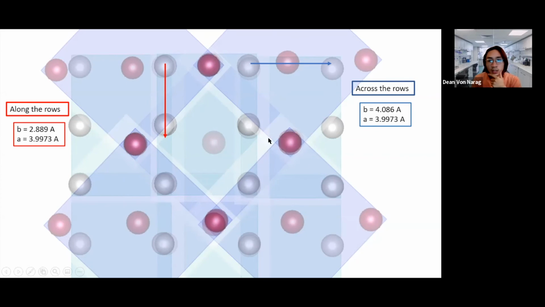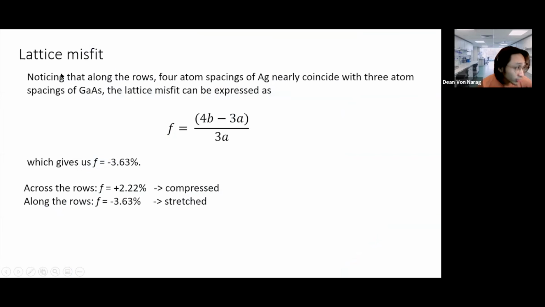So hopefully, through this figure, we have seen how lattice misfit occurs when you grow something on top of the other. Hopefully we saw how it compresses or stretches across the rows and along the rows. Additionally, we can notice that along the rows, 4 atom spacings of silver nearly coincide with 3 atom spacings of gallium arsenide.